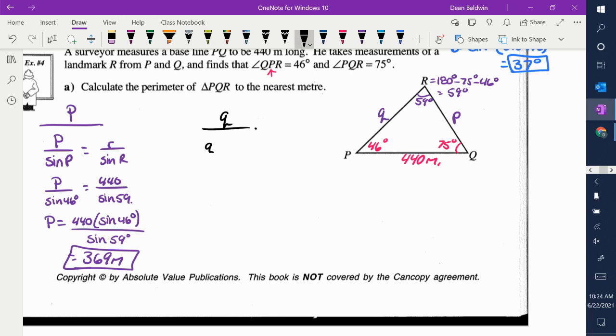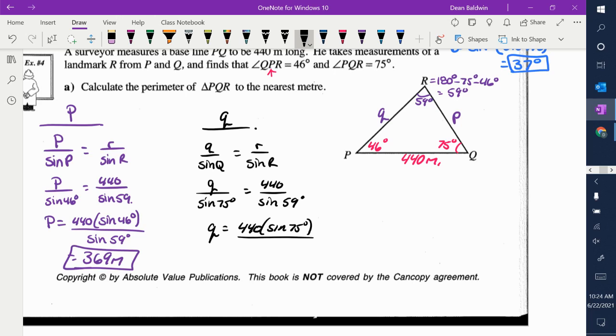So we're going to do Q over sine of Q is equal to R over sine of R. So Q is 496.